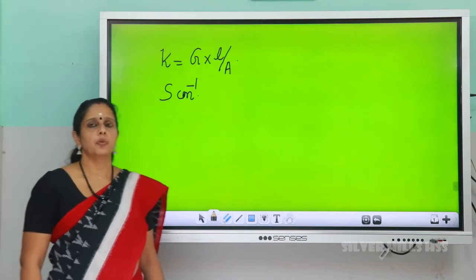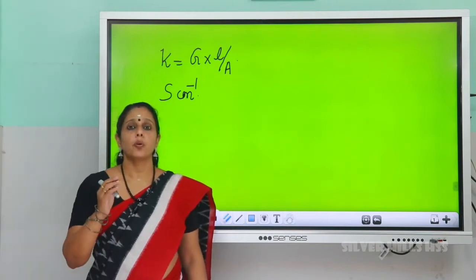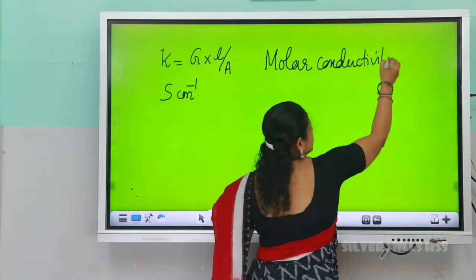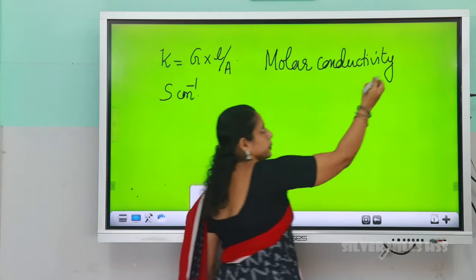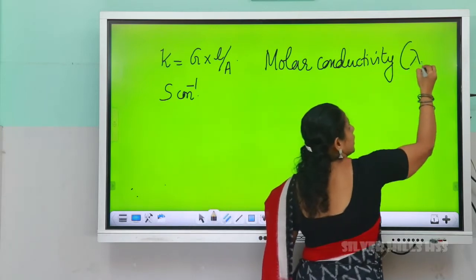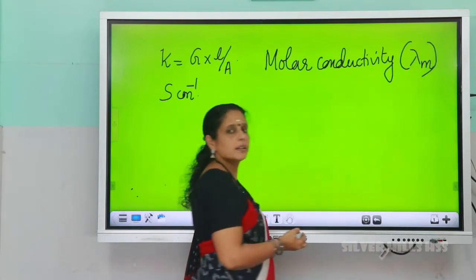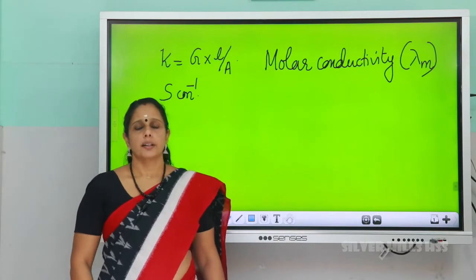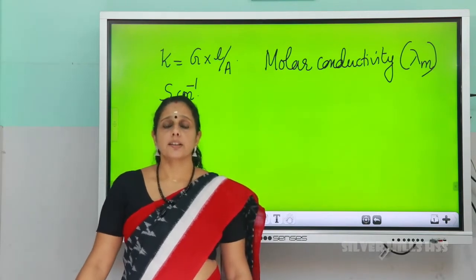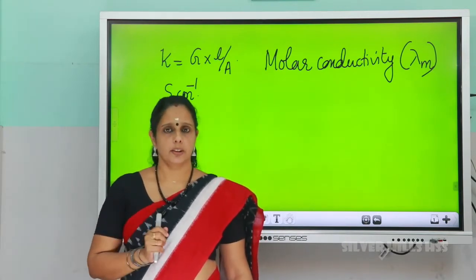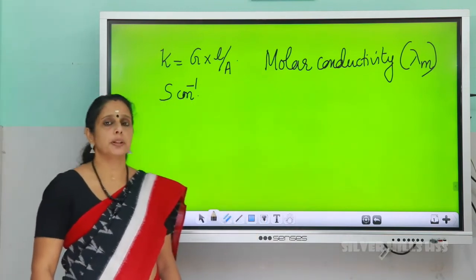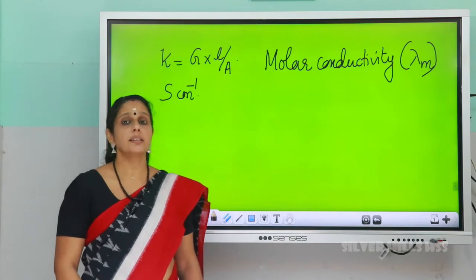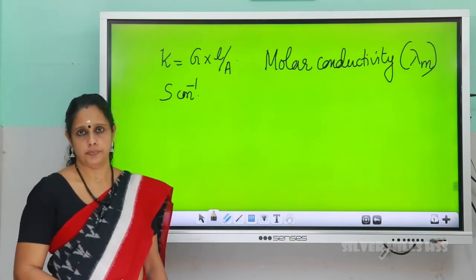Then we are moving to the concept of molar conductivity. Molar conductivity is represented by lambda m. Molar conductivity is the conductance offered by an electrolyte of 1 molar concentration which is placed between two electrodes 1 centimeter apart.